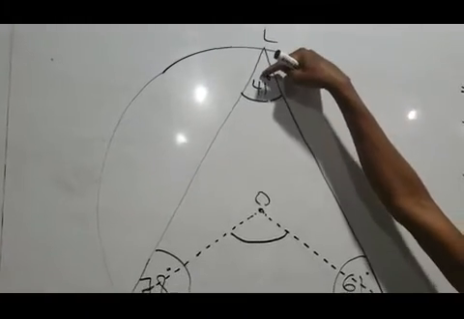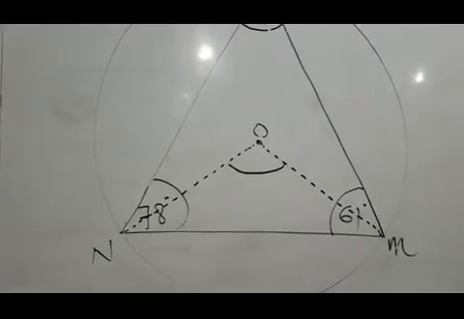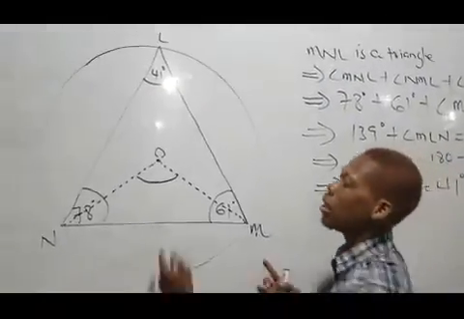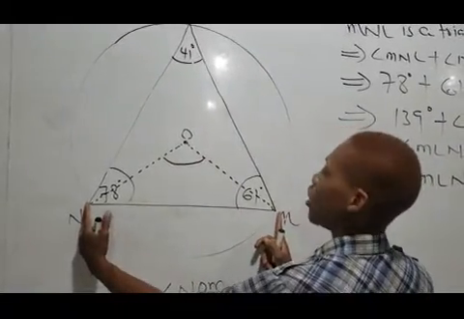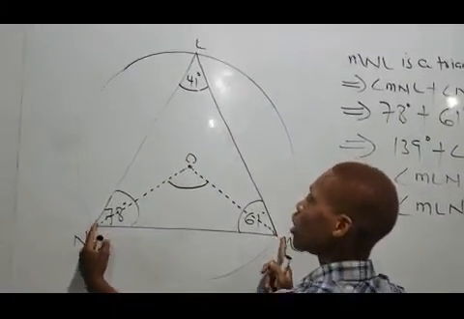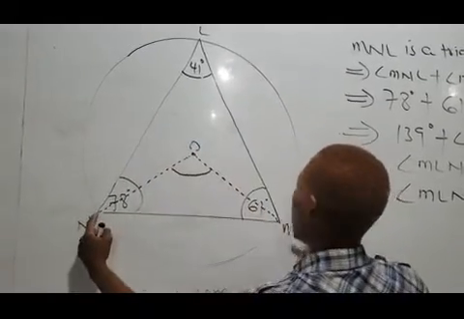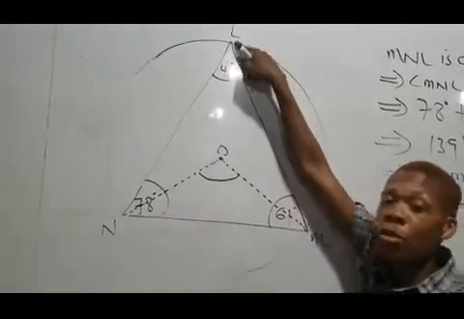So if you have the angle at the circumference and you are looking for the angle at the center, you can always connect the two of them. And we explained that the reason is that the two angles are subtended by the same chord. The chord NM is subtending O at the center, and the same chord NM is subtending L at the circumference.